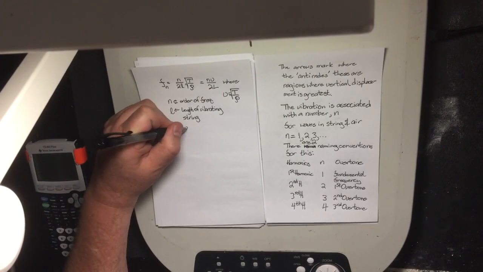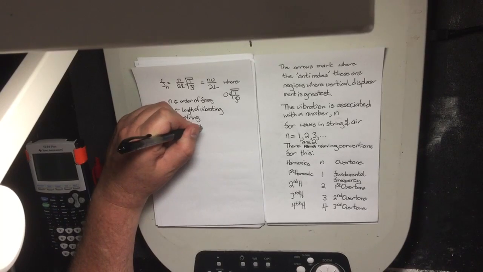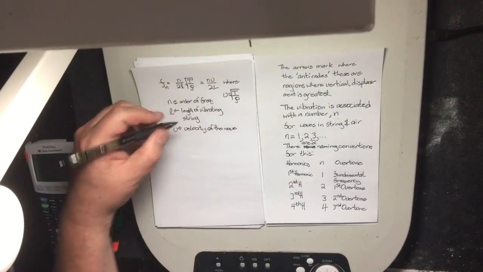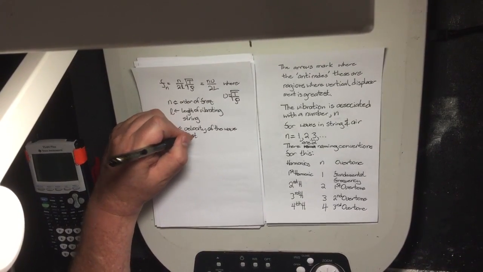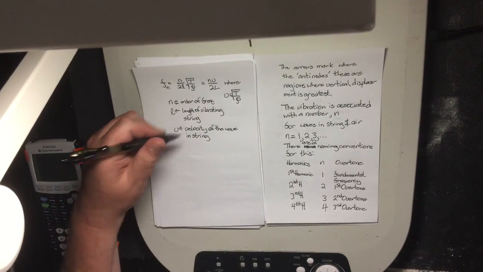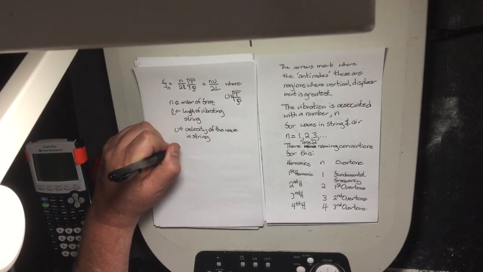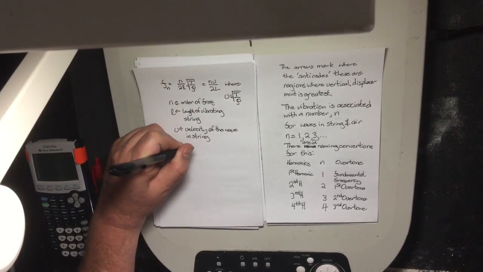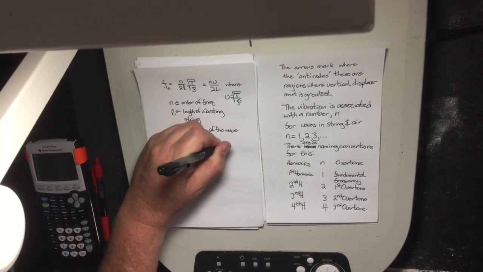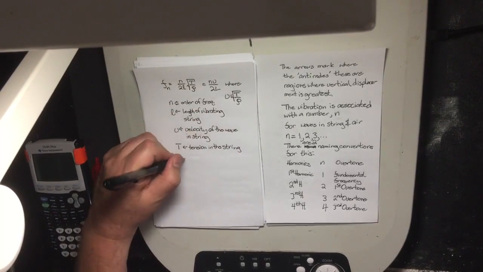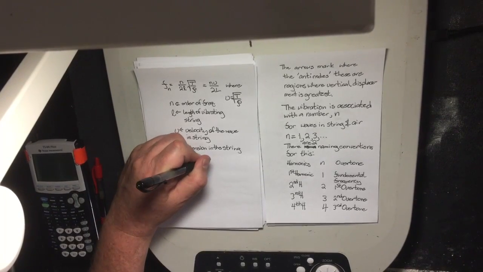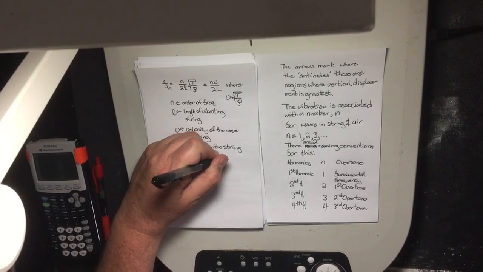V is the velocity of the wave in the string. This velocity is the square root of T over rho. T is the tension in the string, and rho is the linear mass density.